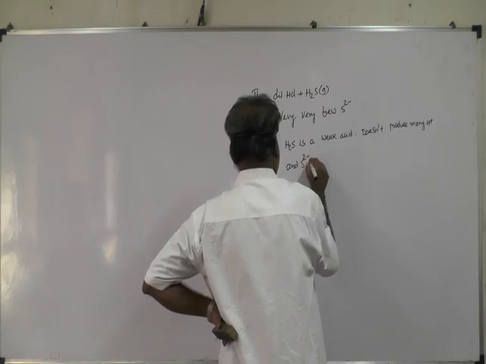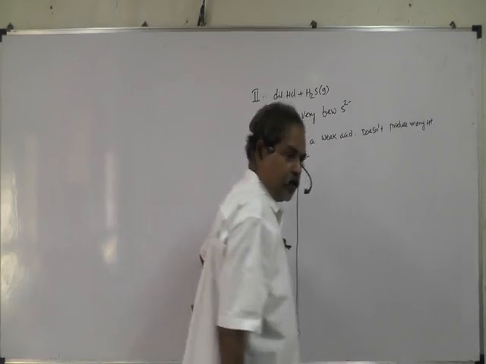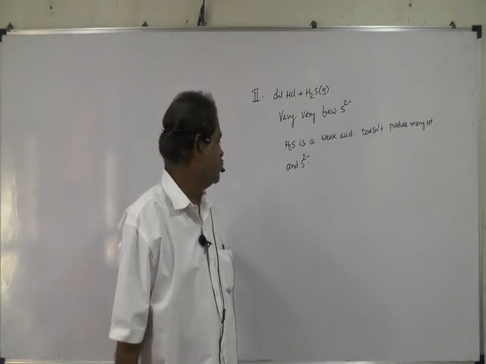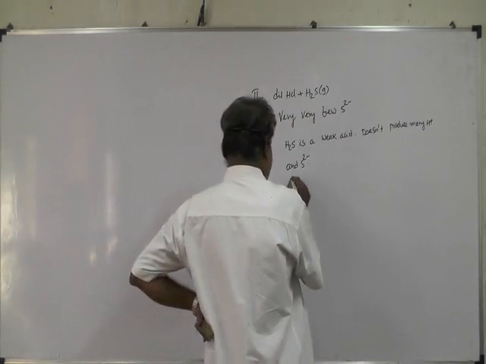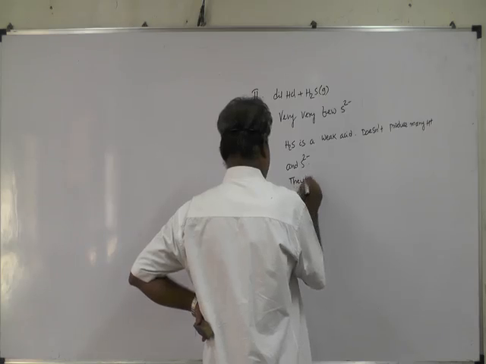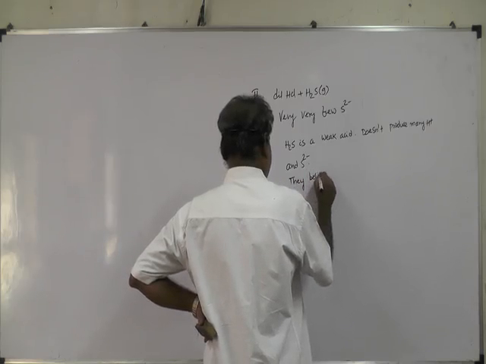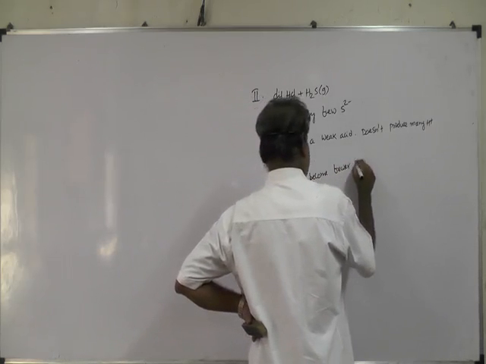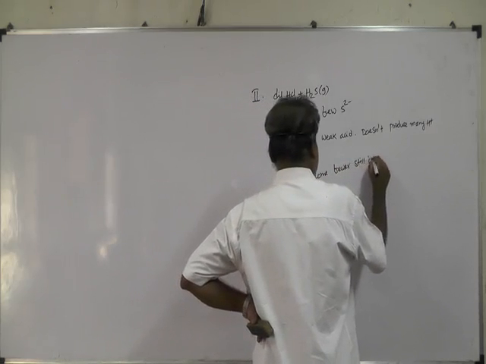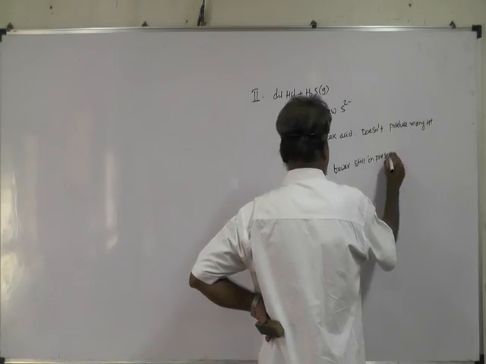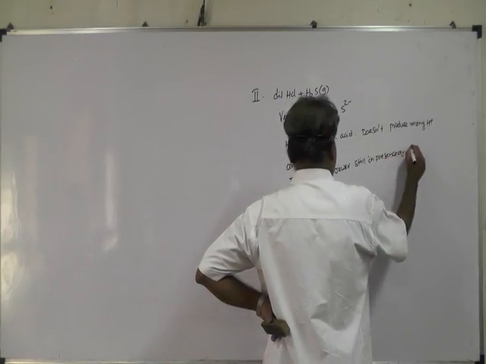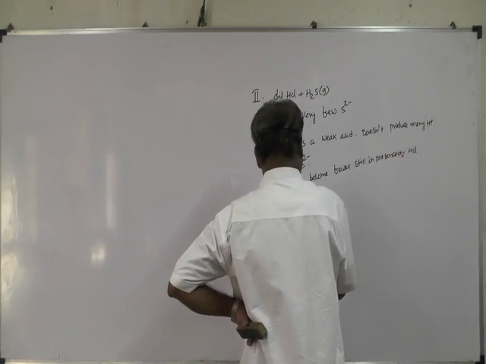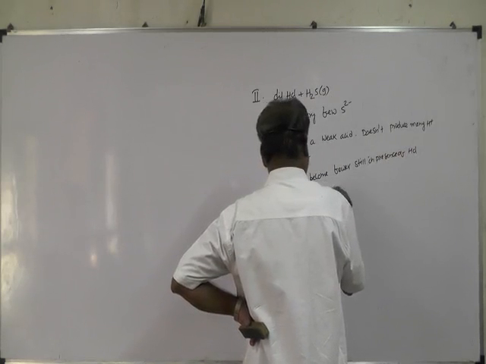Of course, we are not interested in H plus in this particular case. What we require are sulfide ions. They are already very few. They become fewer still in presence of who? HCl, due to very good common ion effect.